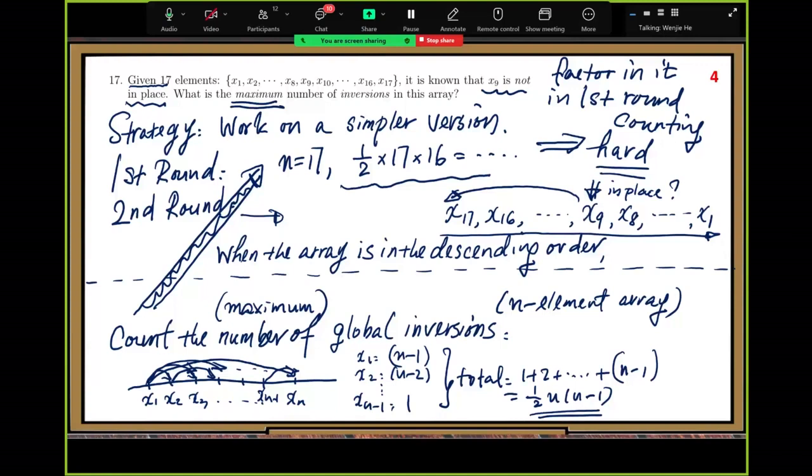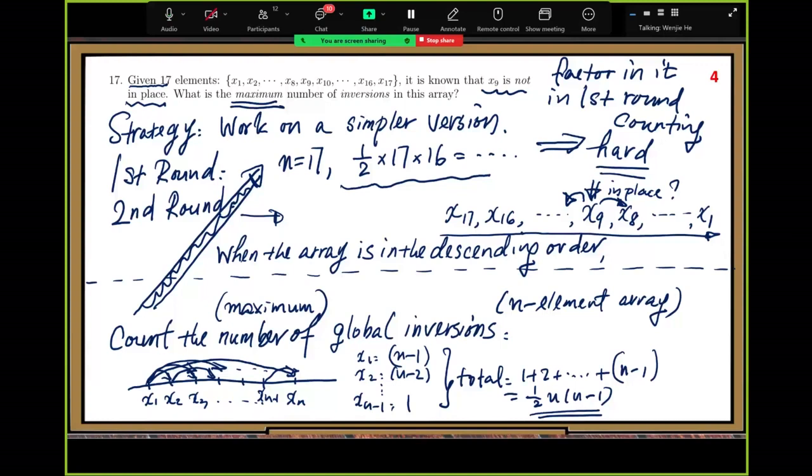That move caused many inversions, right? Because you move x9 too far, that move would cause more inversions. So the best way is to make a local move: switch with its adjacent element, x8 or x10.